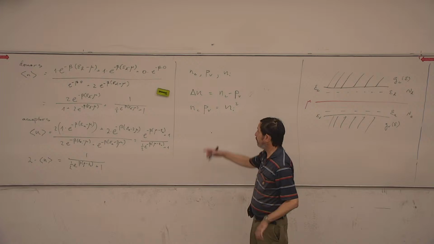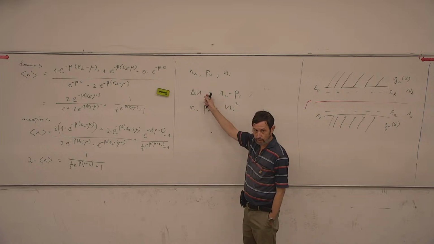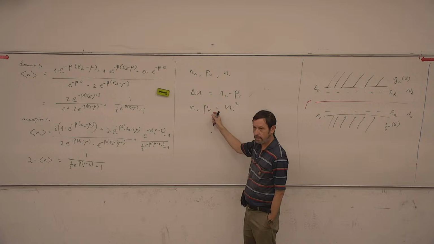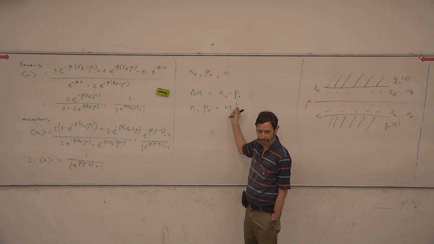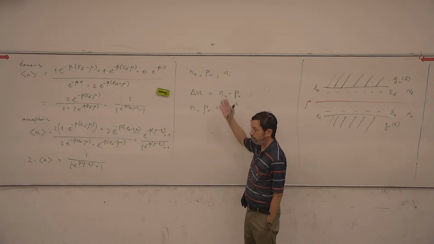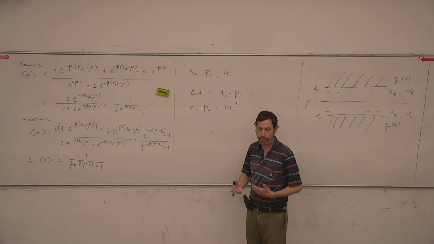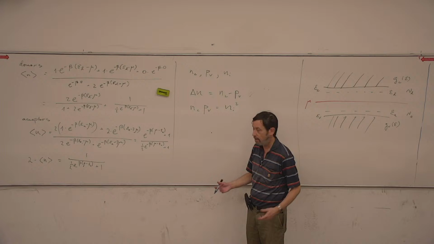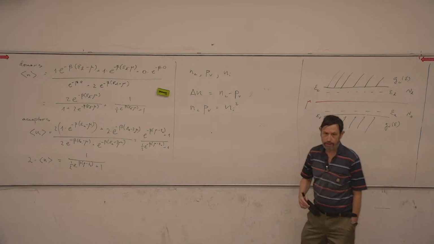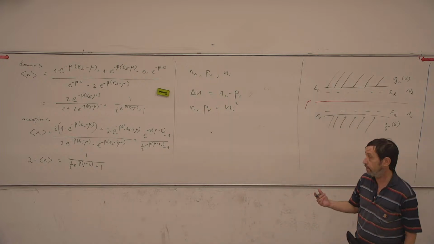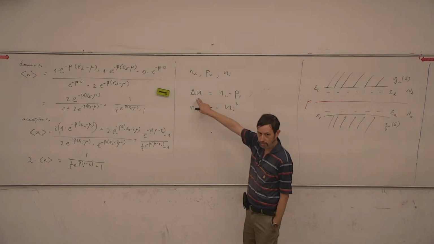Okay, for the simple case that delta n is equal 0, nc is equal pv and equal ni. Here, not necessarily. If I have more donors than acceptors, I could have a completely different situation with delta n not equal 0.